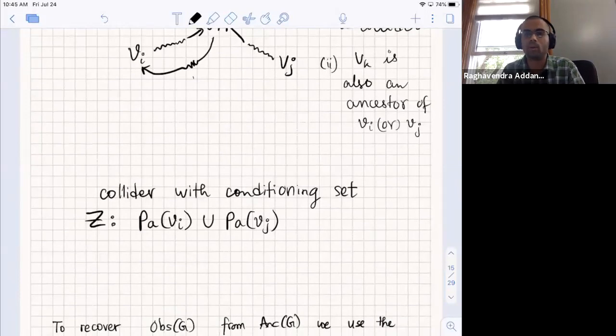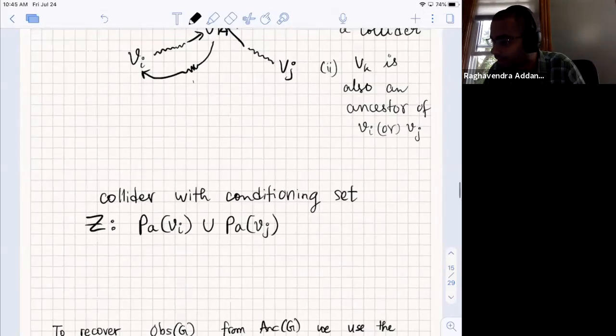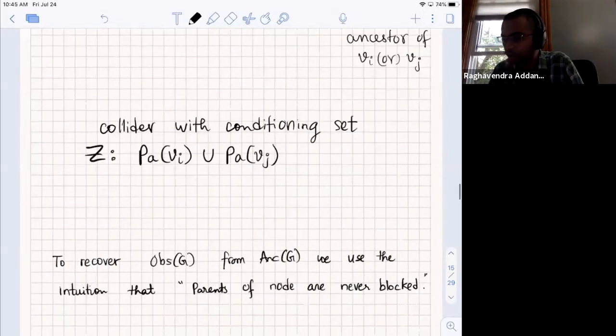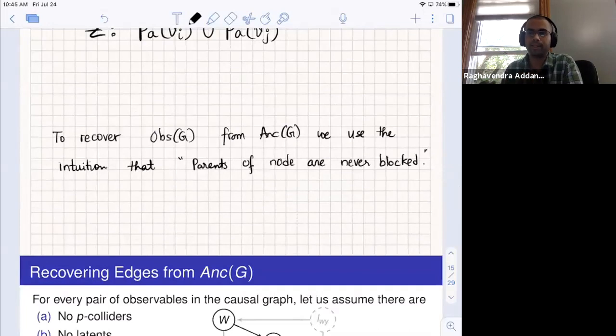This can be thought of as a collider with conditioning set the union of these parents. I won't go into detail, but this can also be thought of that way. So now, using two log n interventions and doing this conditional independence test using the strongly separating set system, we have recovered the ancestral graph G.